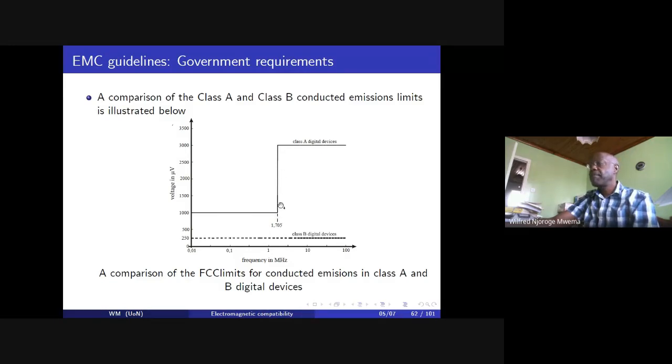And then above that, the device can generate 3 millivolts of interference. For Class B, we have a flat requirement of about 250 microvolts, or 0.25 millivolts, for all Class B devices, under the FCC limits, all the way to 100 megahertz.